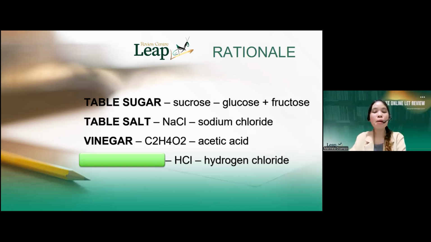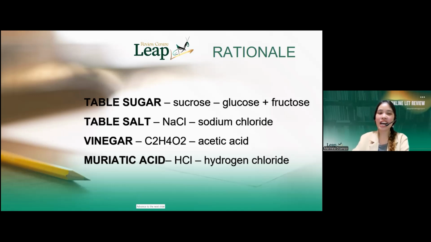We have the muriatic acid. So these are the common names for the substances that we usually use in our kitchen for everyday uses. We have table sugar for sucrose, table salt for sodium chloride, vinegar for acetic acid, and muriatic acid for hydrogen chloride or hydrochloric acid.